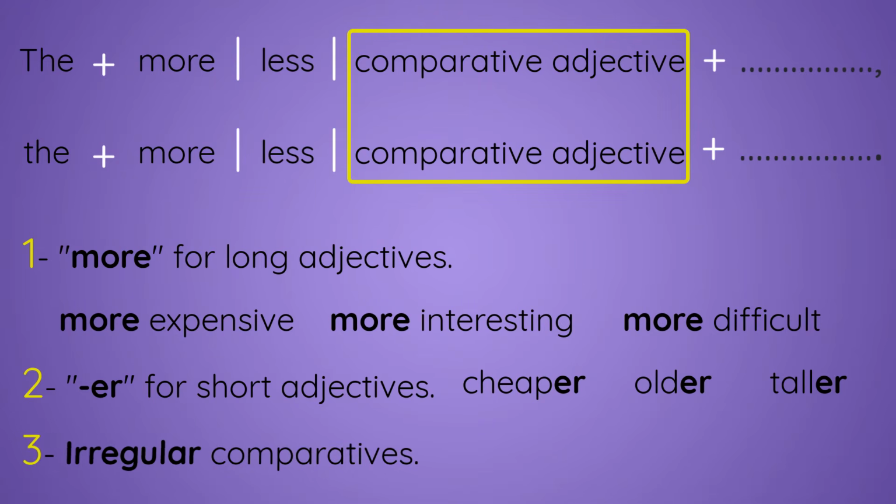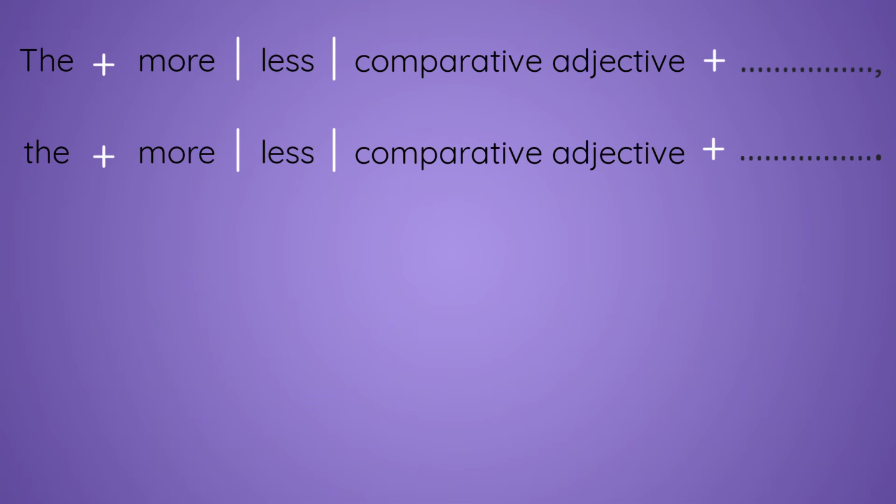And sometimes we have irregular comparatives which don't follow these rules, such as good, which in comparative form becomes better, bad, worse, far, farther, or further. For the rest of the sentence, we can use a noun or a noun phrase.